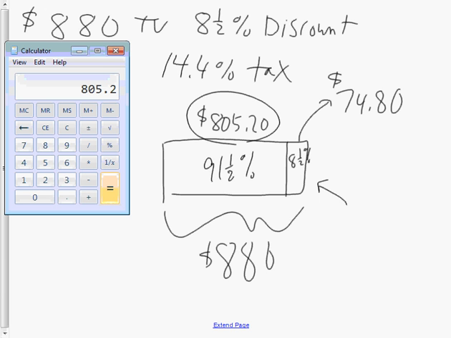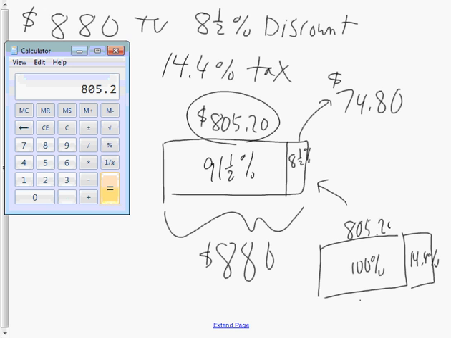Now, once you know the sales price, then you have to draw a second picture if you wanted and say this is 100% of the item, and this is the additional 14.4% for tax. So this is $805.20 plus the tax, that would be your final price. Now another way to do that, instead of finding the 14.4%, let's do that first.